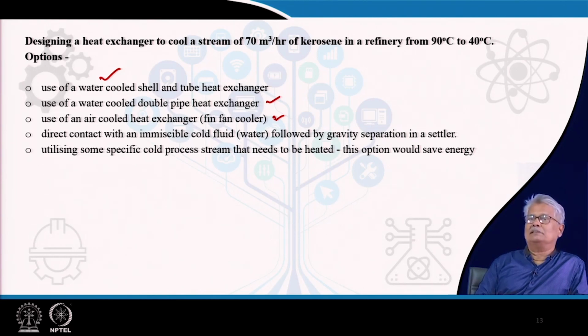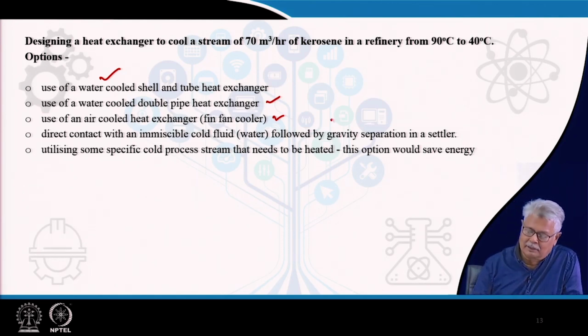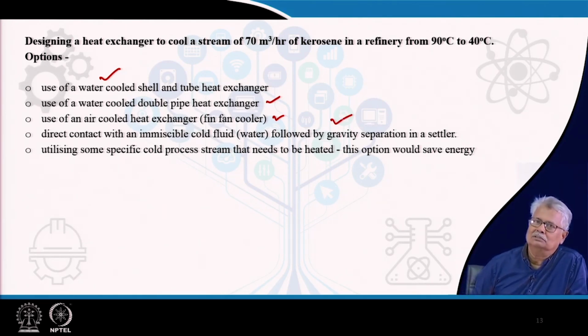If you really have to mix it in an open arrangement, there is going to be a lot of hydrocarbon foam or hydrocarbon fume which is going to be generated, and that may not be very convenient for you. But still, that remains as a process where we can have direct mixing of cold water, then send the material in a settler and separate it out.